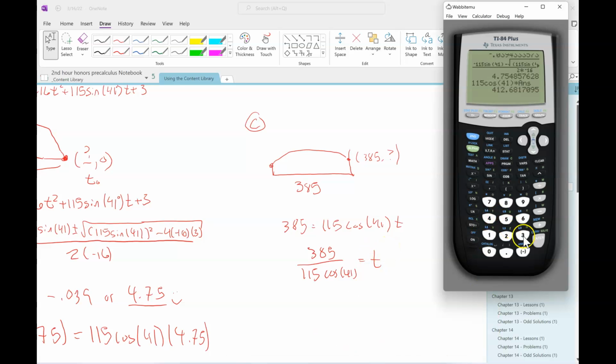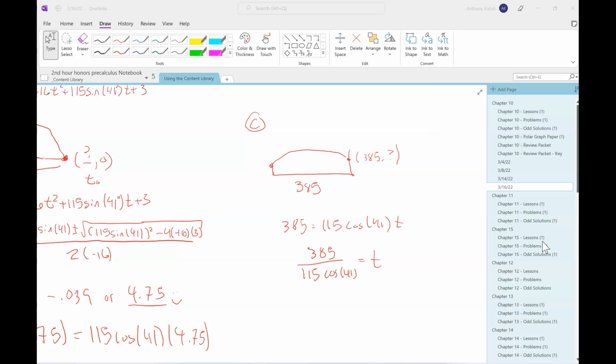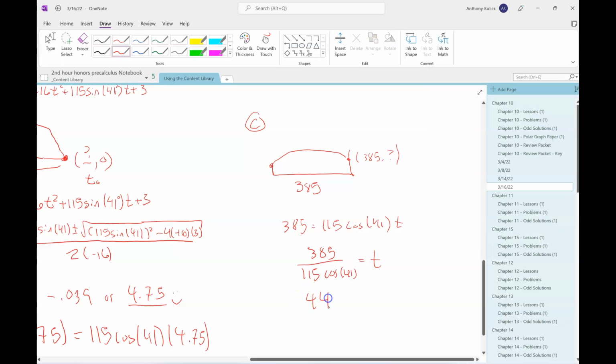So 385, I'm going to use the fraction command again, so I don't have to use the parentheses. 385 divided by 115 cosine 41. So 4.44 seconds or thereabouts. So then I'll just do y of 4.44.